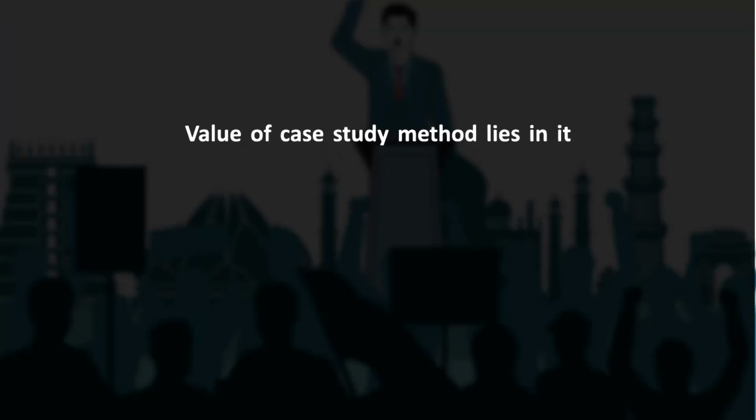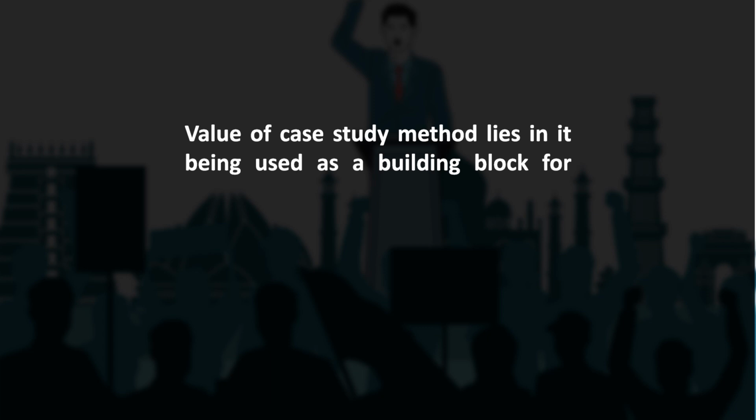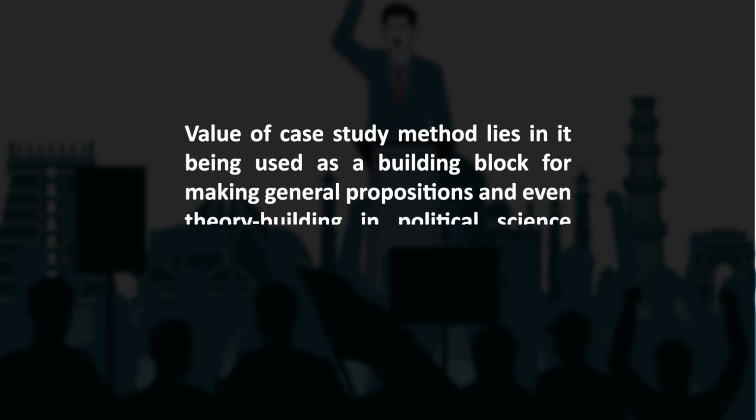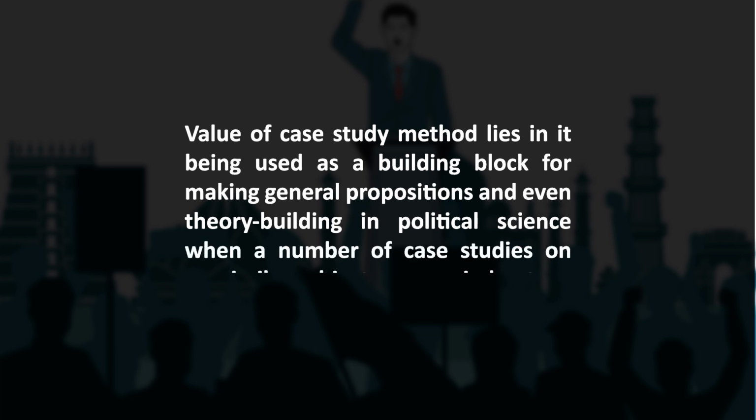Though the scientific status of the case study method is somewhat ambiguous, however, its value lies in it being used as a building block for making general propositions and even theory building in political science when a number of case studies on similar subjects are carried out.